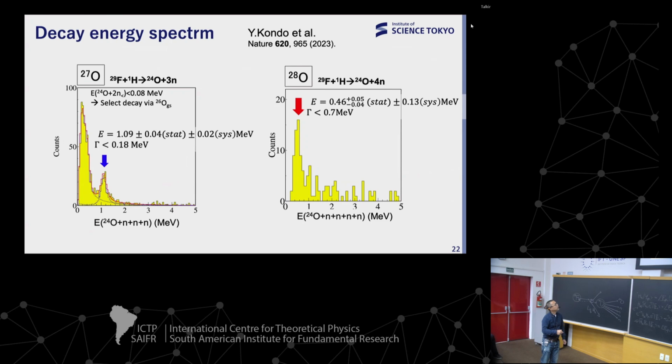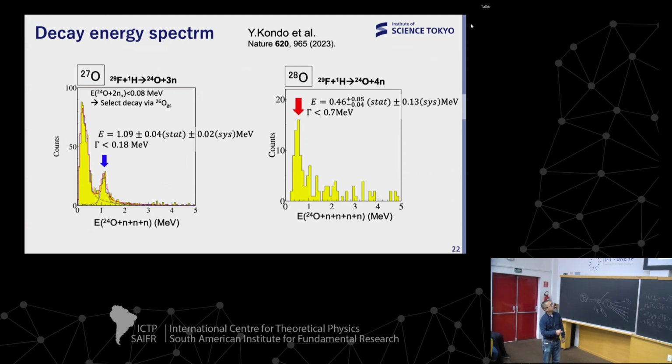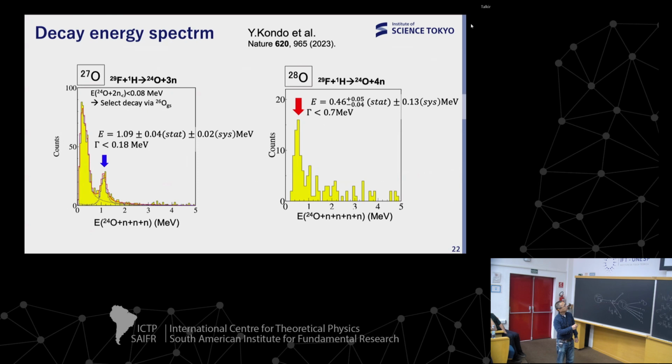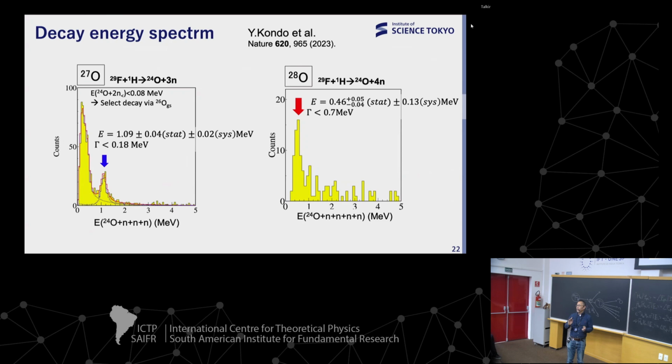Okay, so now coming to the energy spectrum for oxygen 27, 28. So oxygen 27 means that we have oxygen 24 plus 3 neutrons in coincidence. So now you know that 2 neutrons is already very difficult. Now we started to measure 3 neutrons, 4 neutrons in coincidence.